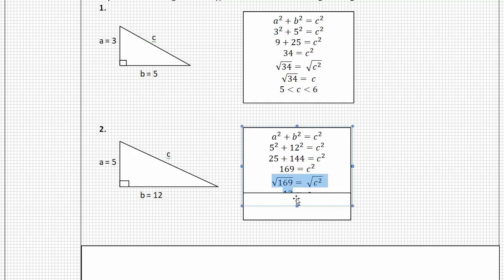You need to use your multiplication chart that I gave you. That is okay. Well, the square root of 169 is 13, because 13 squared equals 169. So this missing hypotenuse length for C is 13 units.